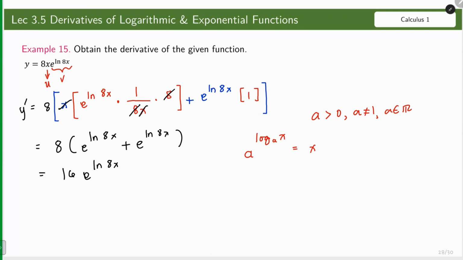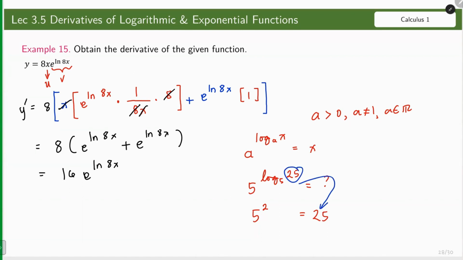Okay, example, we have 5 raised to logarithm of, let's say, 25 to the base 5. So this is equal to what? If we have here, the logarithm of 25 to the base 5 is equal to 2. Okay, so 5 squared is equal to 25. So this is it.